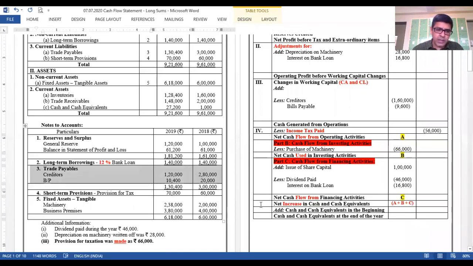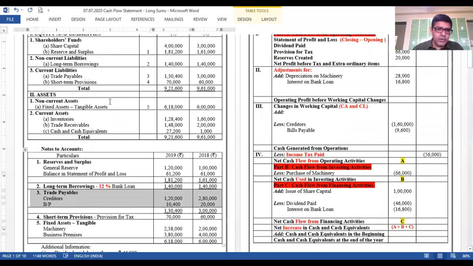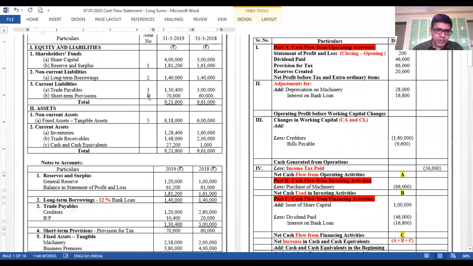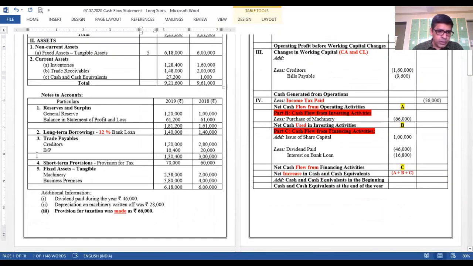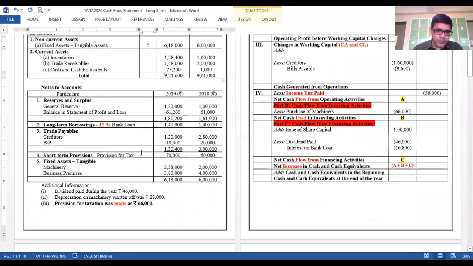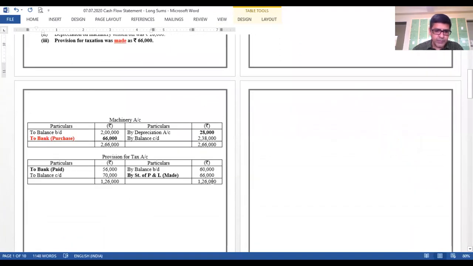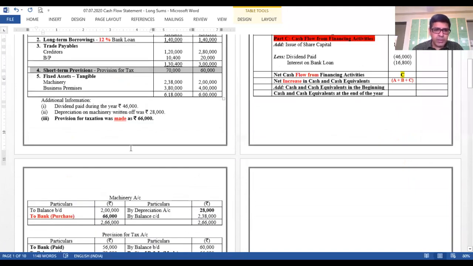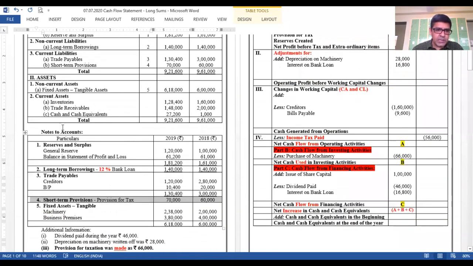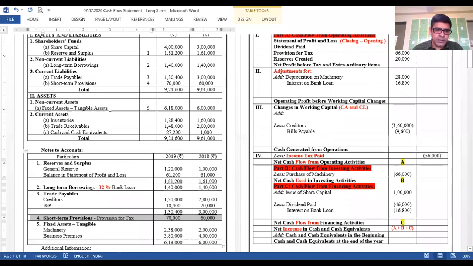Whenever trade payables, individually creditors and bills payable are given, we need to put the effect like this only. Okay. After trade payables, it's short-term provisions, note number 4. The note number 4 can be seen for provision for tax, and we are done with the ledger account of the same.